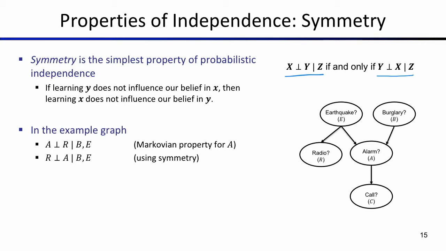This is a Markovian assumption for variable A. It says that A is independent of R, that is the only non-descendant of A, given the parents that are B and E. So we can invert that and obtain that R is independent of A given B and E.